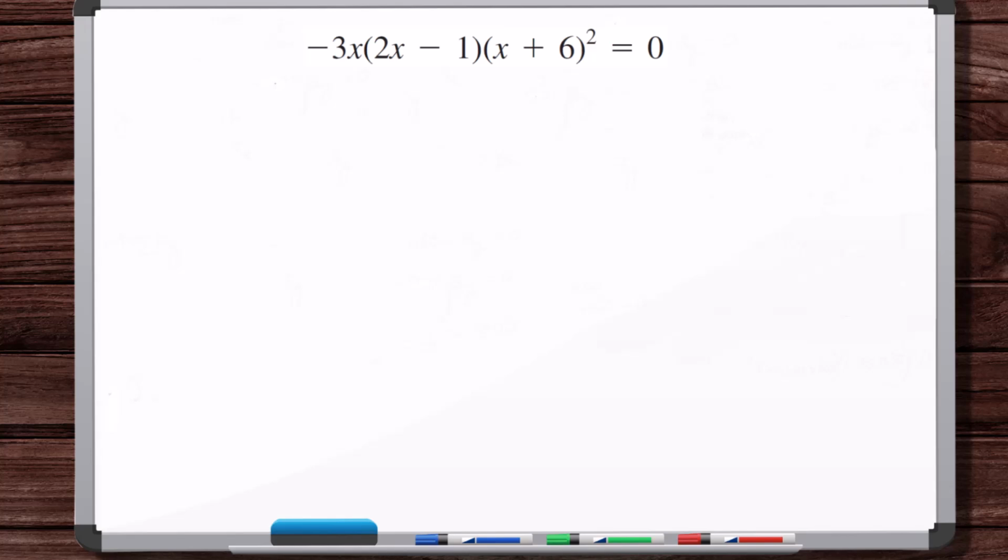And if it's a polynomial equation where every single term is degree 1 or lower, we call that a linear equation. If you have a polynomial equation where at least one of the terms is of degree 3 or higher, then we just call that a polynomial equation, since we can't call it quadratic or linear.